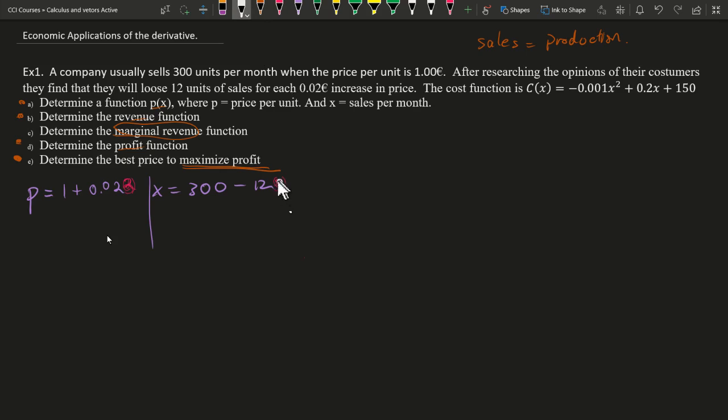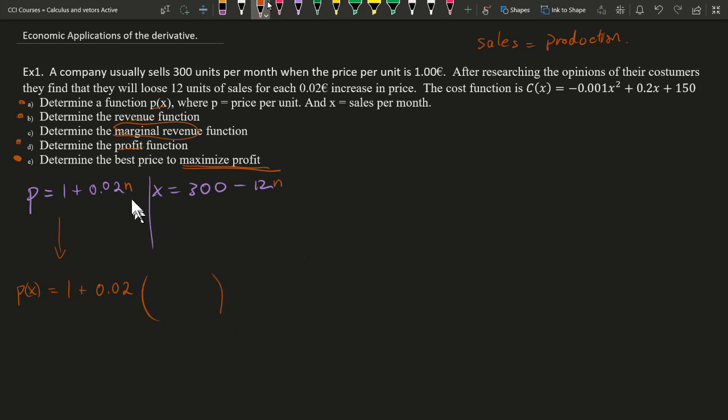But we don't want to put a bunch of numbers in there. What we're going to do is put a variable n, okay? And this n represents the number of times that I change the price by 2 cents, okay? I could put a 1 and a 6 here if I wanted as well, but I'm going to put a 2. Now, our goal now is to figure out the price function, which is lowercase p of x, which should be 1 plus 0.02n.